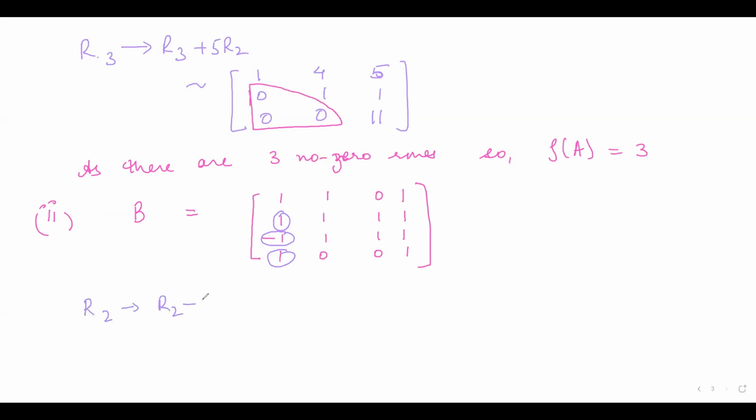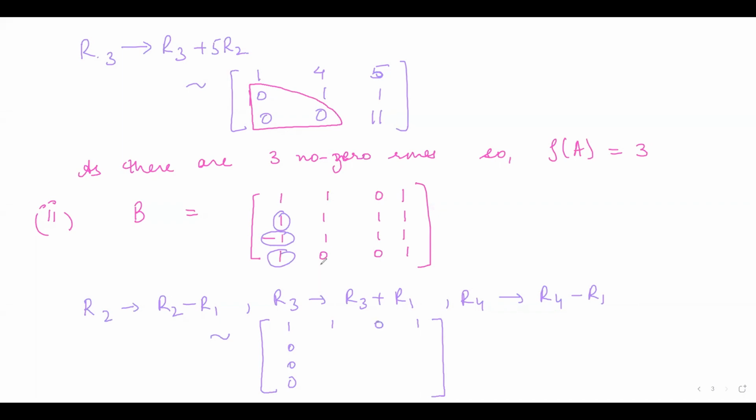Row 2 goes to row 2 minus row 1. Then for row 3, it would be row 3 plus row 1. For row 4, it would again be row 4 minus row 1. And what I'll get here, 1, 0, 0, 0. Now, the first row remains the same, as you have noticed. The only difference would be in the other rows.